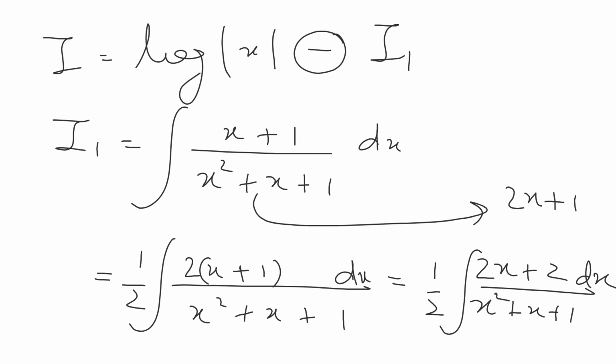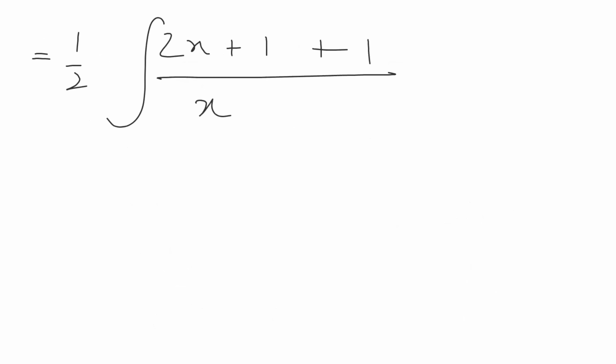Now we are supposed to make this as 2x plus 1. So the 2, which is a constant, will be split as 1 plus 1. So in the next step, I'm going to write this as half of 2x plus 1 plus 1 upon x square plus x plus 1.